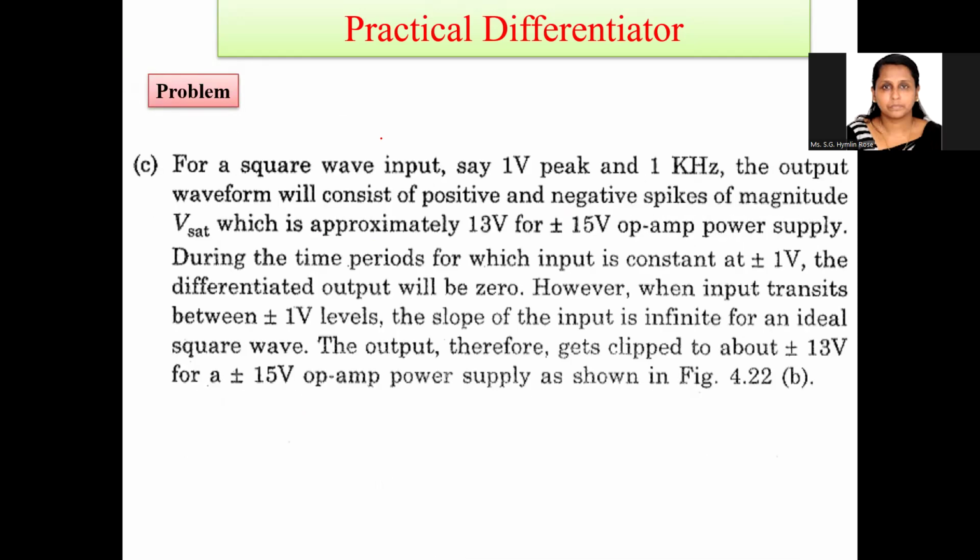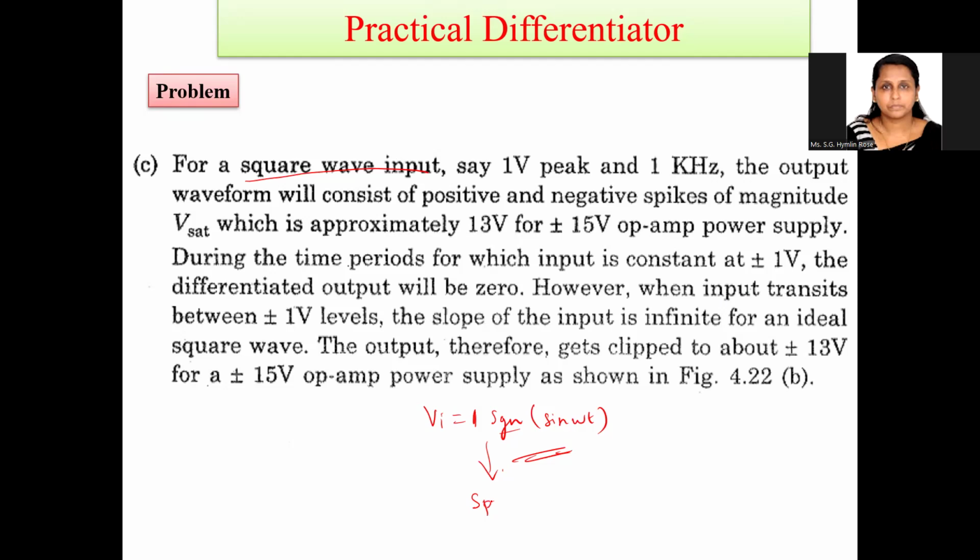The third part is for a square wave input. Generally, a square wave input is represented as an amplitude of 1 volt times the signum function of sine omega t. The differentiation of the signum function is a Dirac delta function.